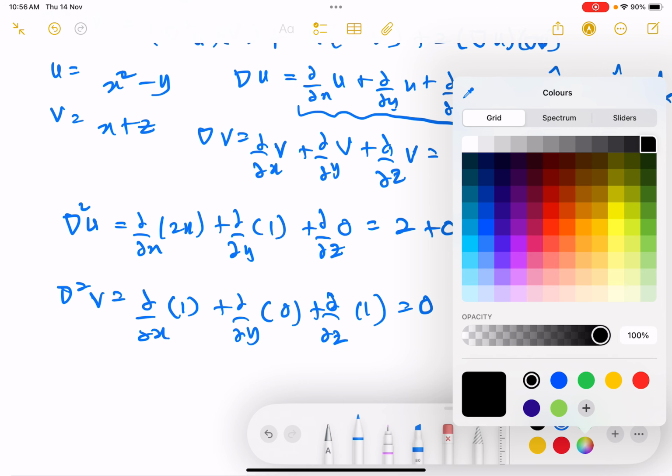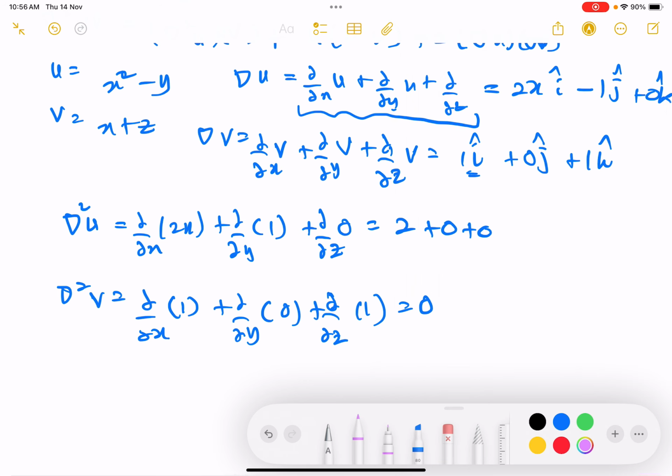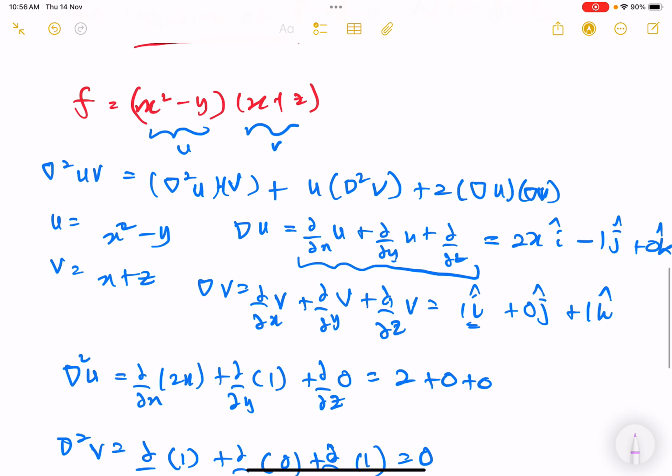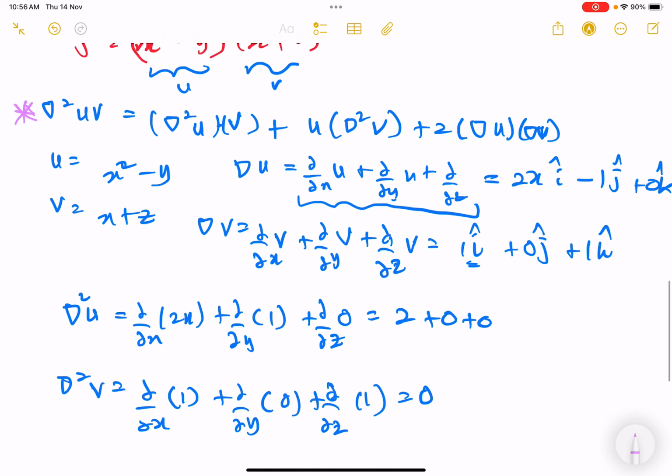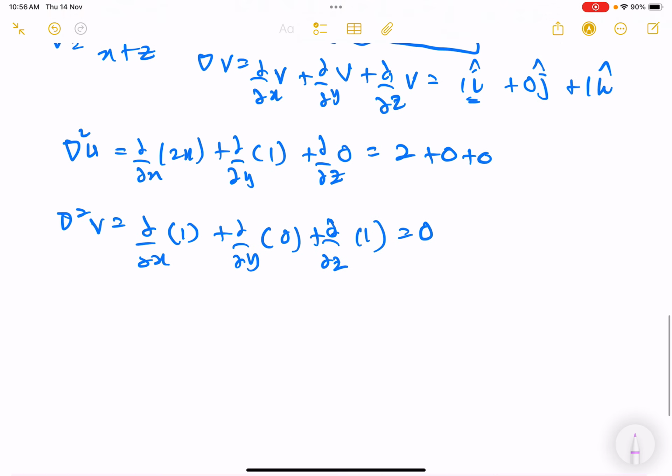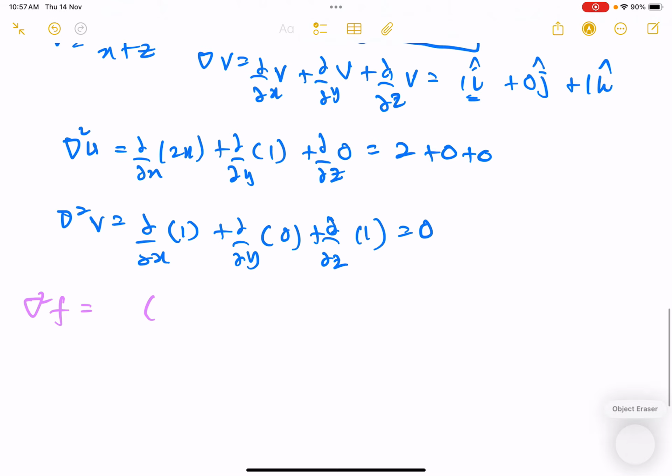Okay, so now we are going to apply it into the equation of our formula here. Using the rules, we get 2, right? The formula is given. I think it's better for me to rewrite it again.